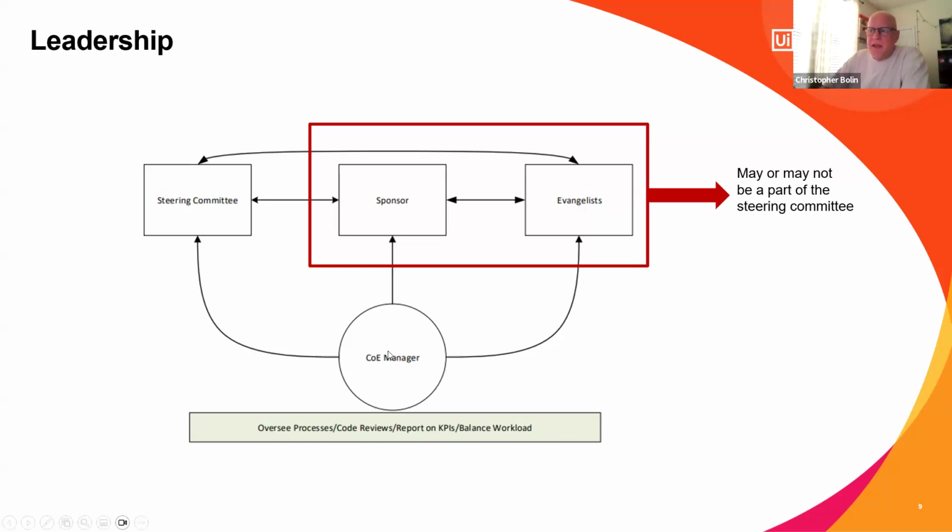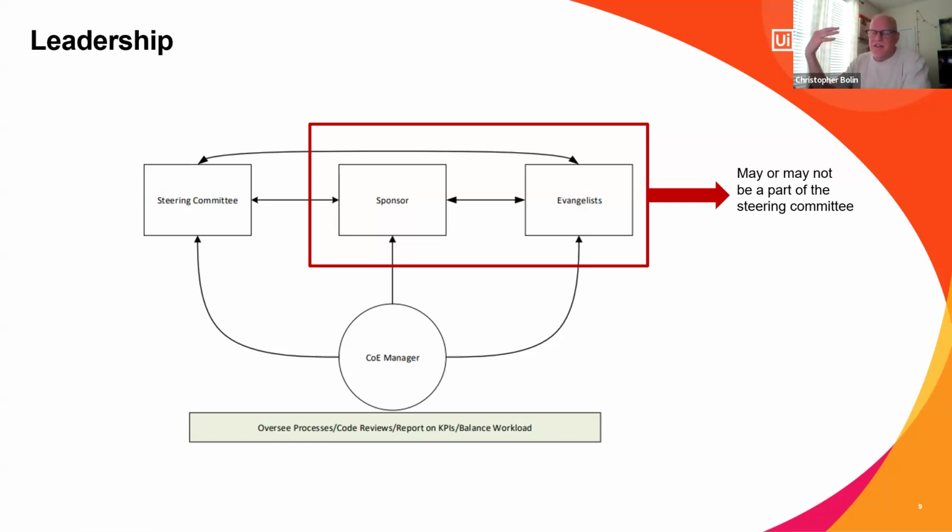So your CoE manager interacts with every one of these roles, regardless of how it's structured in your steering committee. Remember, from last night, your steering committee is structured at the onset when you set your vision for the RPA CoE. And that steering committee is fluid and flexible, and it can change, but your CoE manager is responsible for interacting with all of these people. And that is the person.